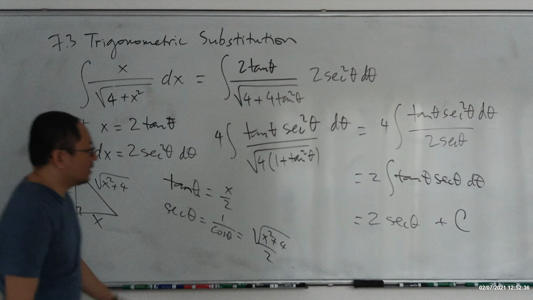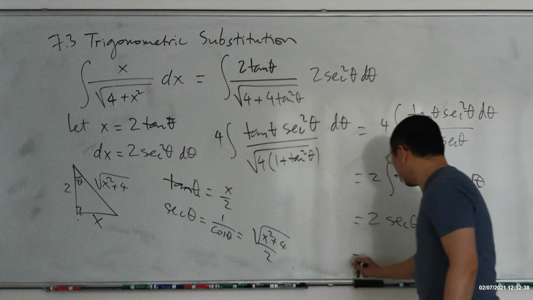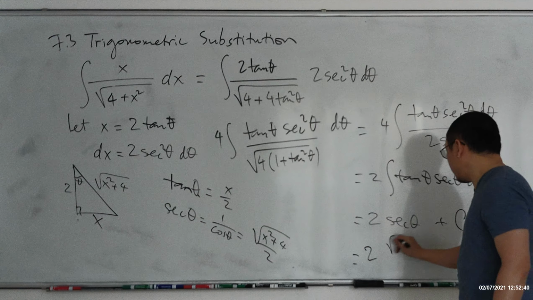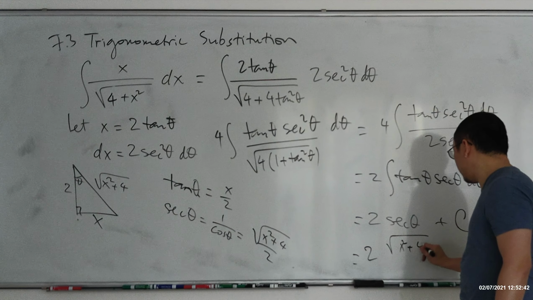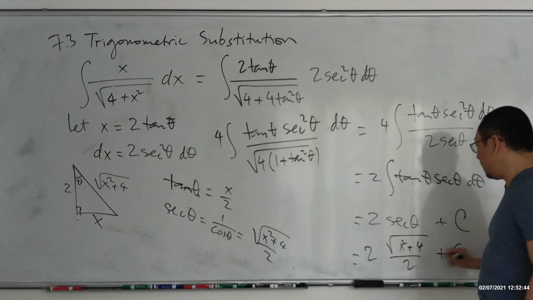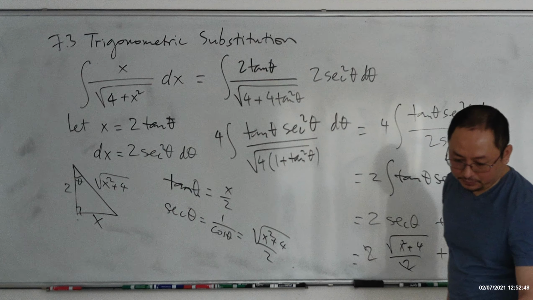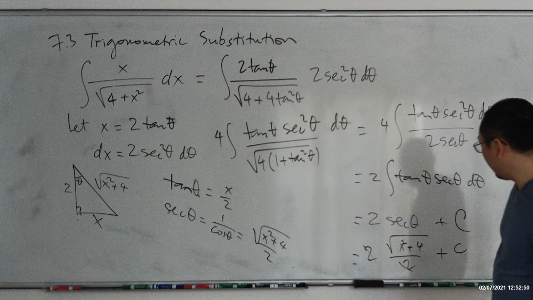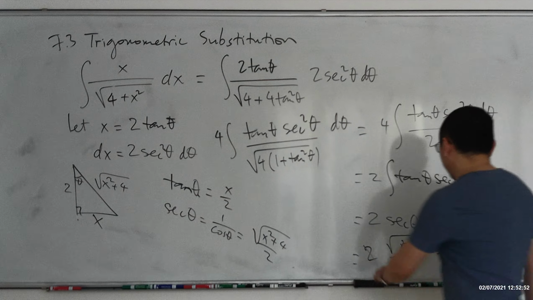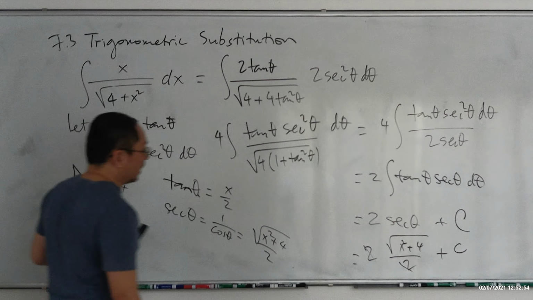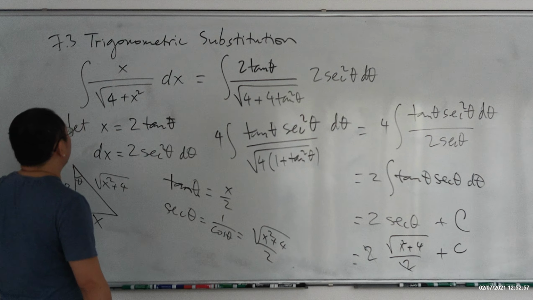So you will have the answer for the problem. This is 2 times the square root of x squared plus 4 over 2 plus c. And of course you can cancel out the 2. You have the answer, which is the square root of x squared plus 4, plus c.